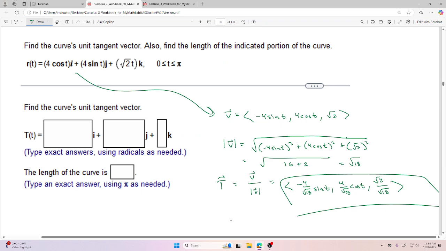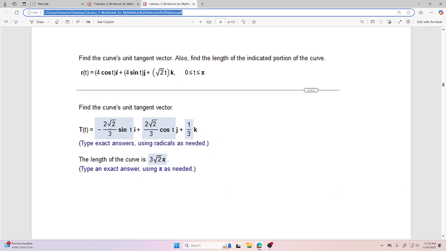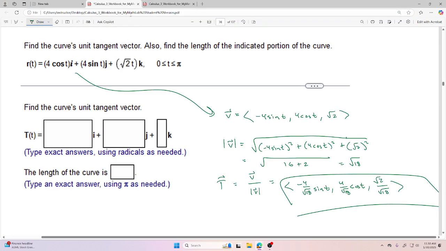So 18 is 9 and 2. So we pull a 3 out, and then the 2's would cancel. 3 into the top, leave a 3 in the bottom. So 2 square root of 3 over 3. Oh, well, okay, I was close. But it does seem to simplify down to what we're looking for. We don't have time for this one, but you can see it's honestly not that bad yet.